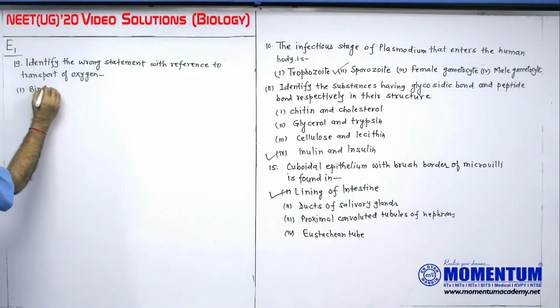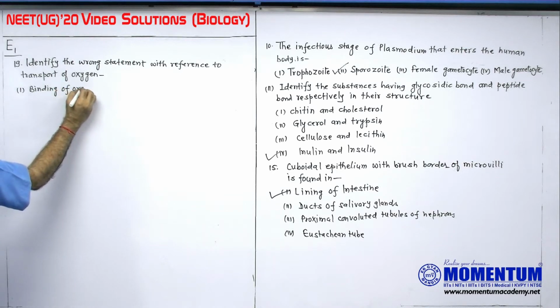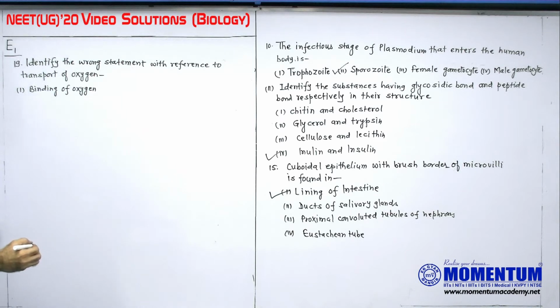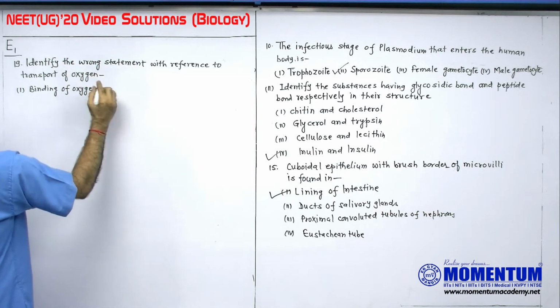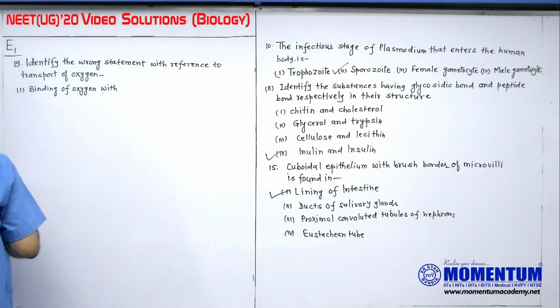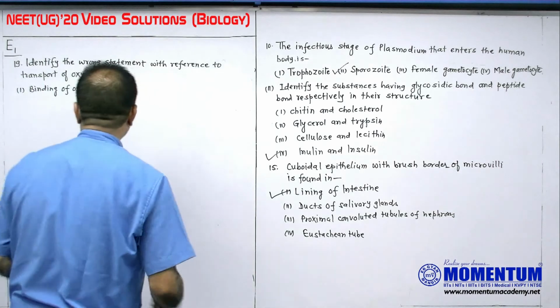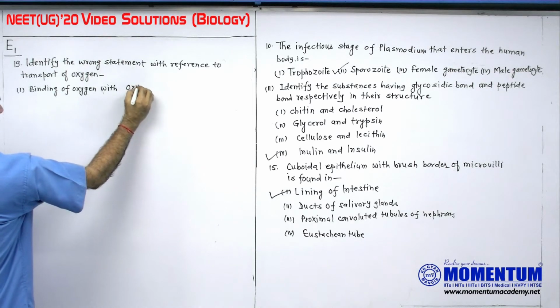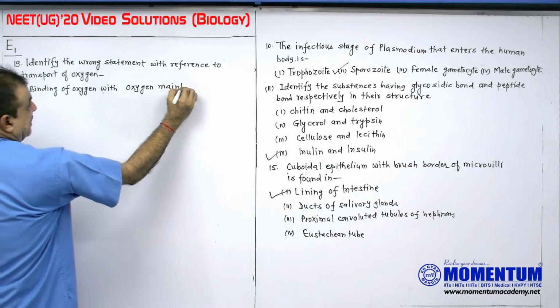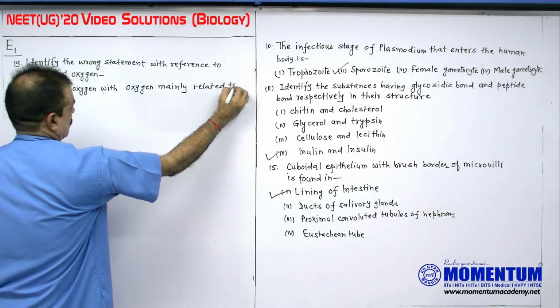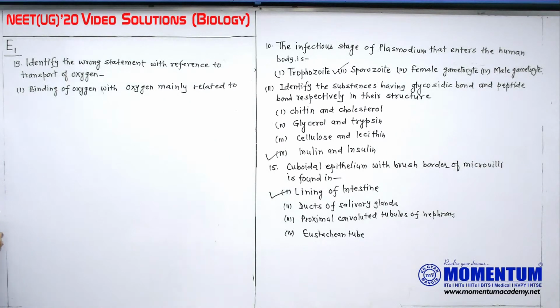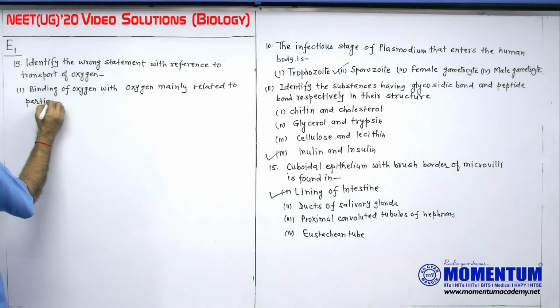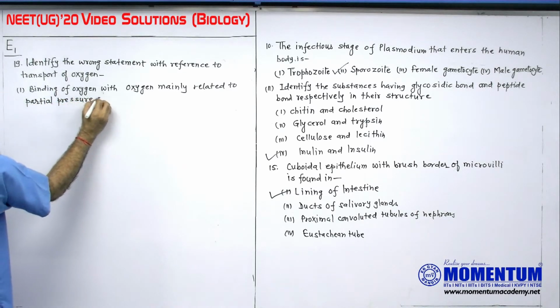First, binding of oxygen with hemoglobin is mainly related to partial pressure of oxygen.